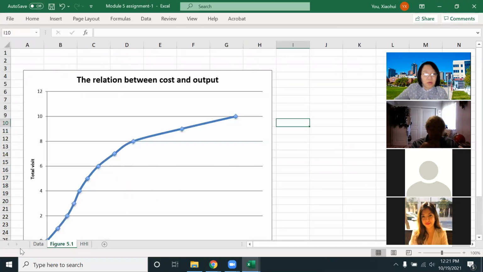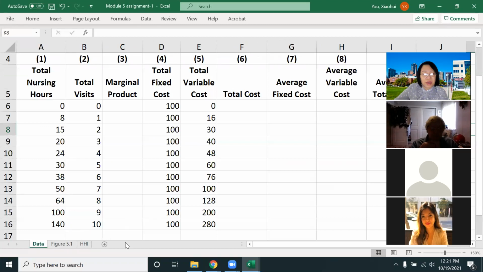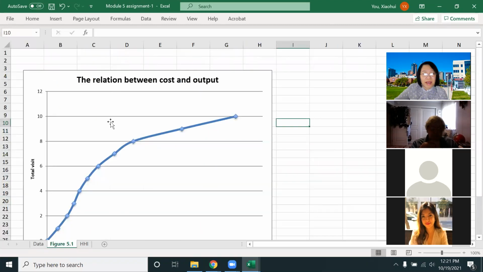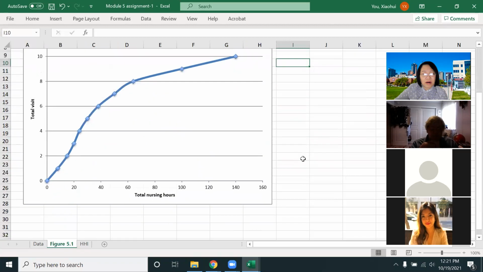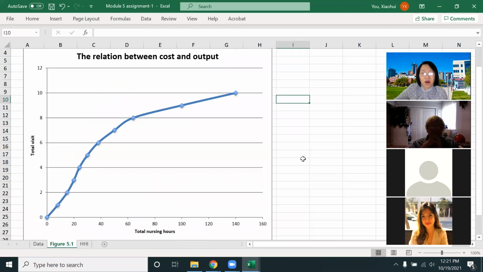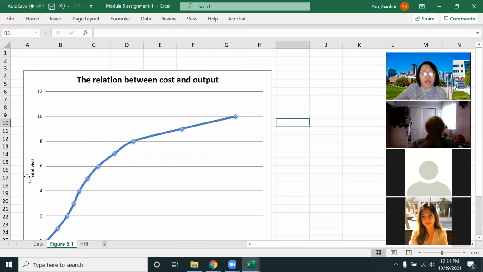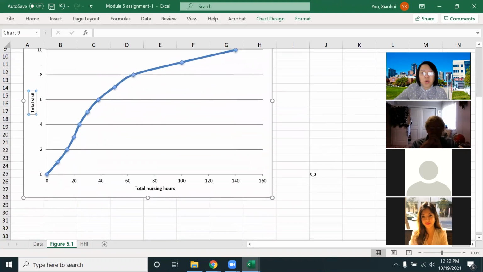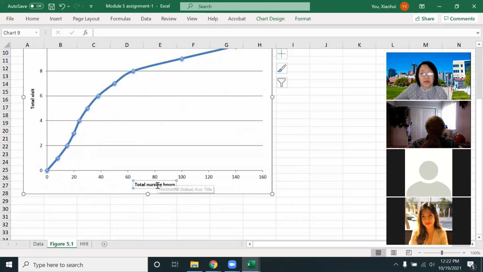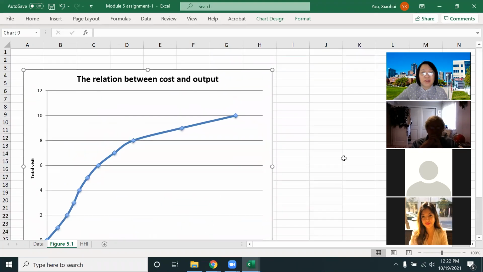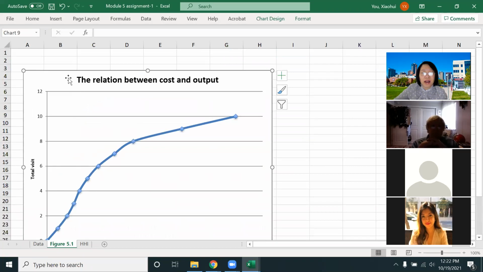What I want you guys to do is first replicate this graph, and also you need to know how to add the title for the x-axis and y-axis. Normally after you insert the graph, if you click the graph, you will find a plus sign here.